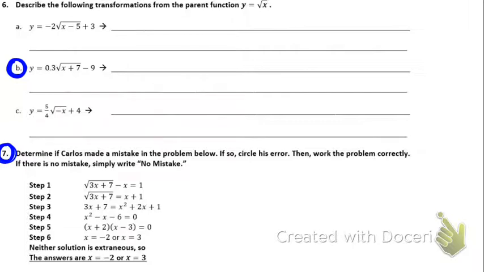B, describe this transformation for me. It's vertically compressed by 0.3. What else? Down 9.